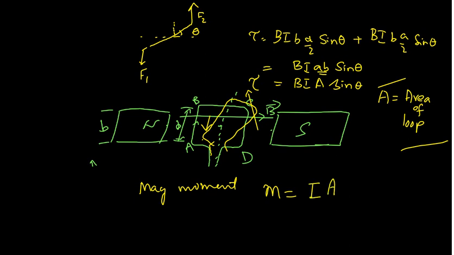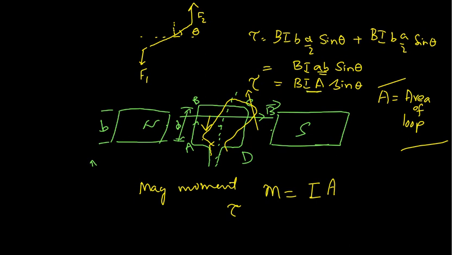If there is an angle theta, then tau is equal to the magnetic moment cross product with B. We are actually trying to express this tau in terms of this magnetic moment. What I am doing is replacing this I A with the M. So I am replacing that with B into M into sin theta.